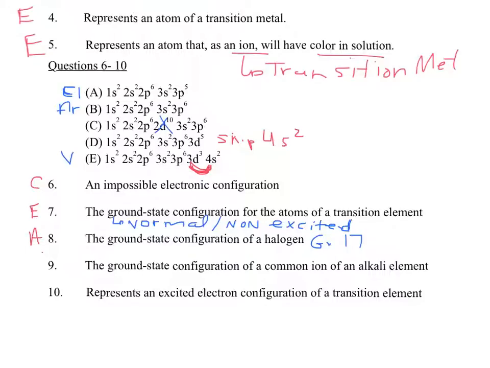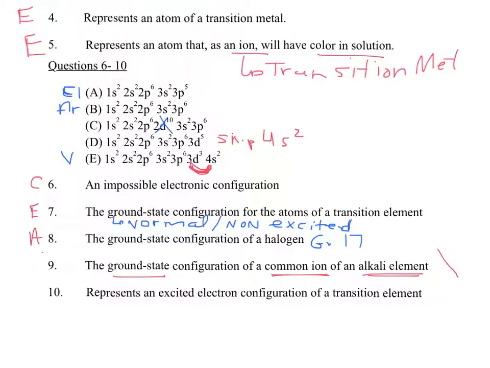Okay, number 9. The ground state, which means it's not excited, of a common ion of an alkali element. Now, this is interesting. What does an ion mean? Charged. But it's specifically referring to an alkali.